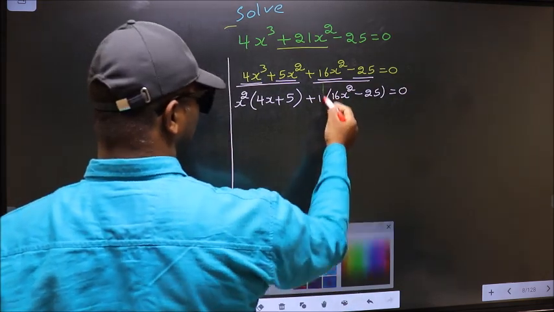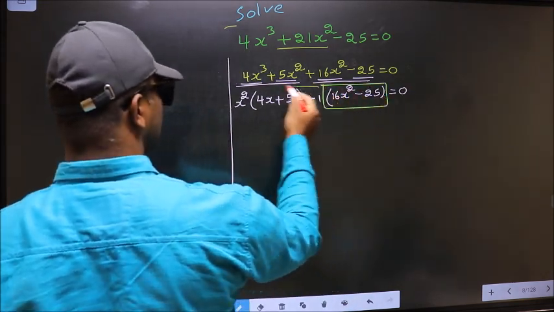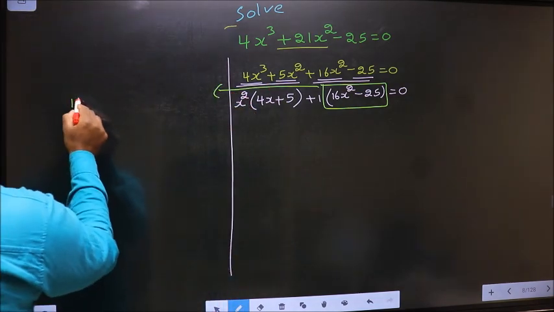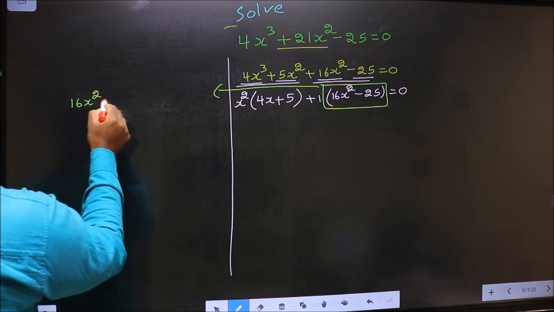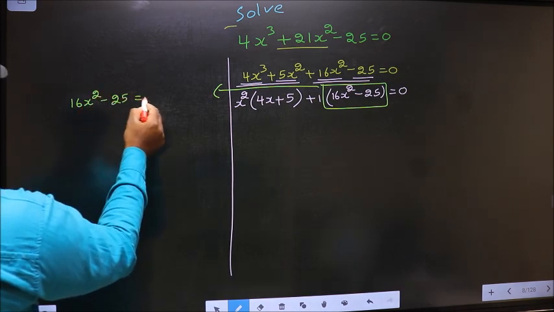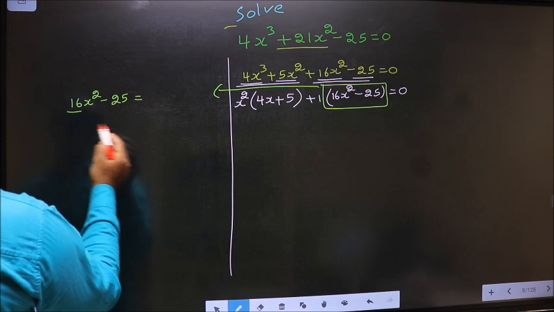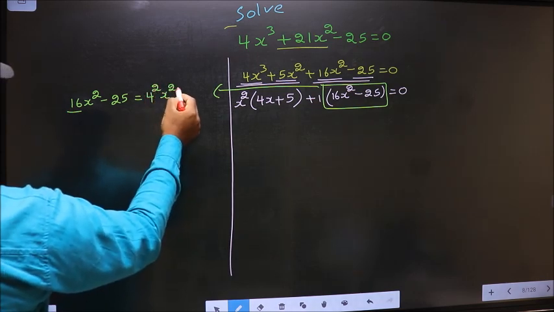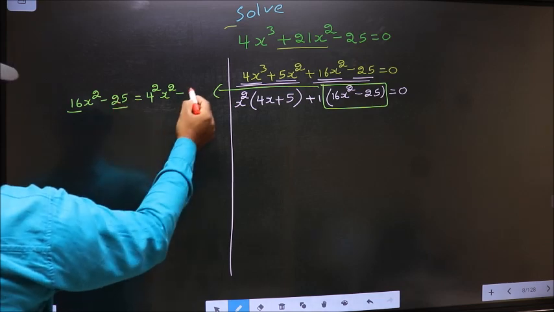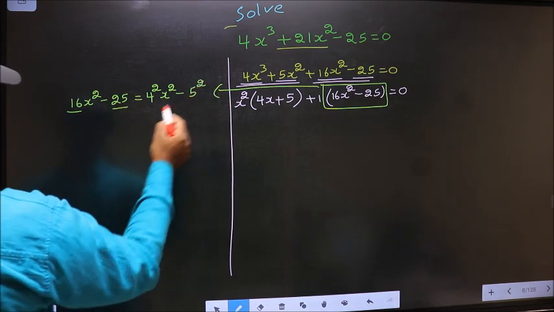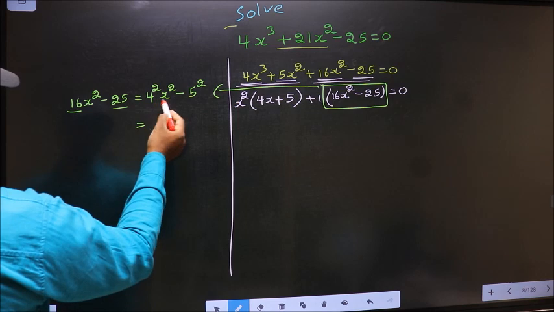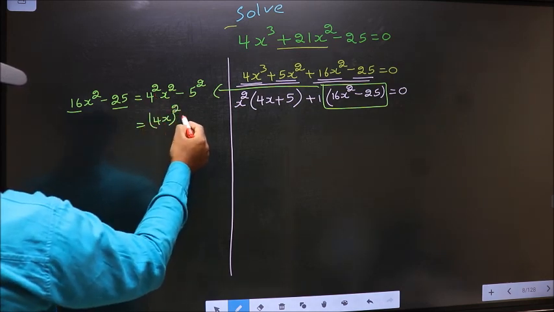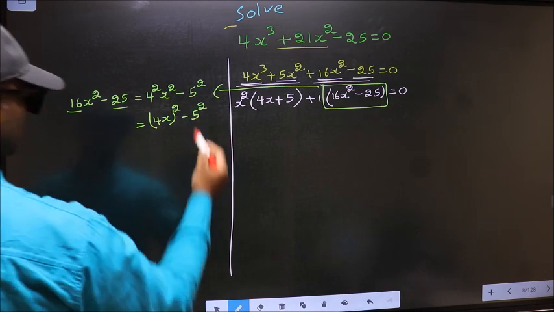Now this bracket, I will simplify it here. That is 16x² - 25. In place of 16, we write 4², and in place of 25, you write 5². So 4²x² becomes (4x)² - 5².